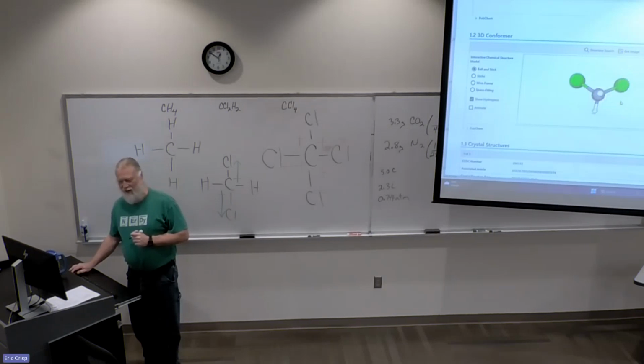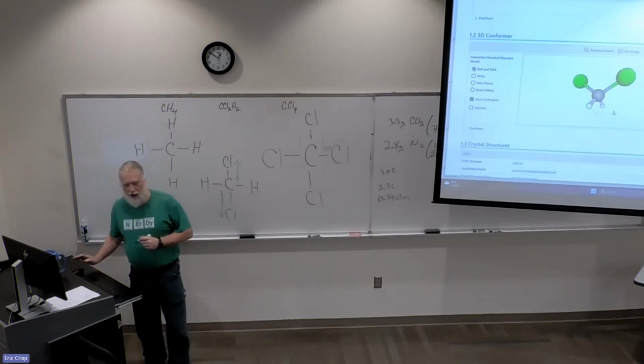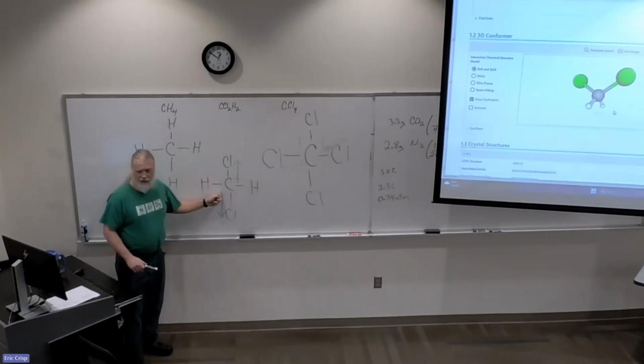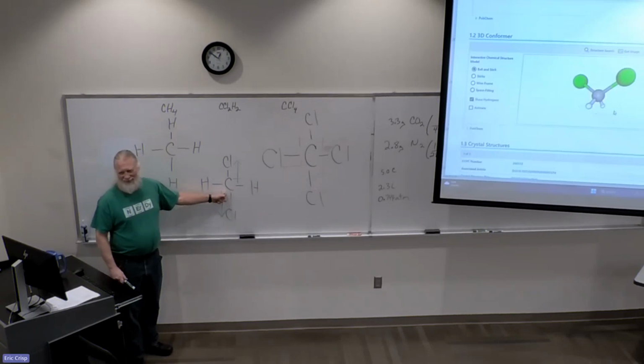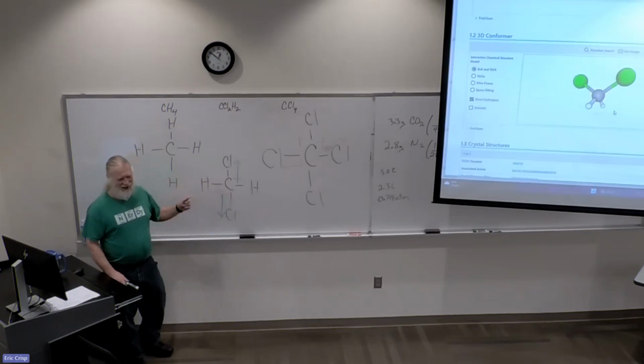Okay, now, here's the trick. Here's Admiral Ackbar's trap. We draw this in two dimensions. It's not. This is a three-dimensional molecule. What's the shape? Miriam, what's the shape? Tetrahedral. Very good.